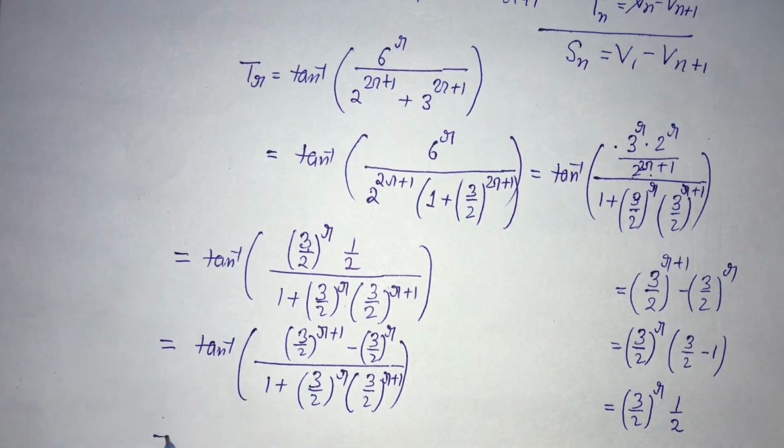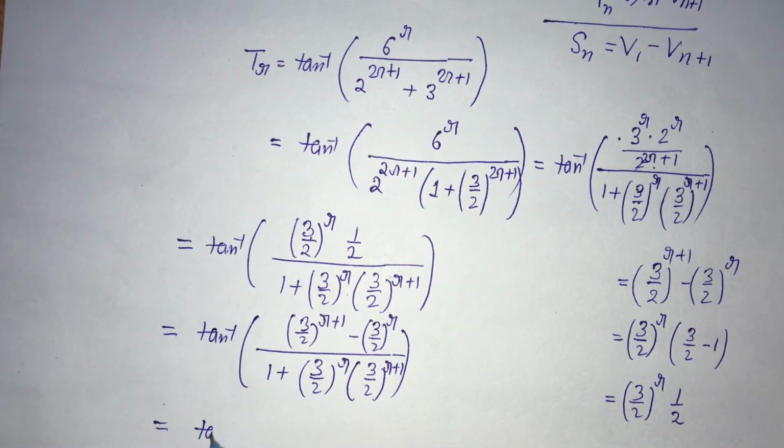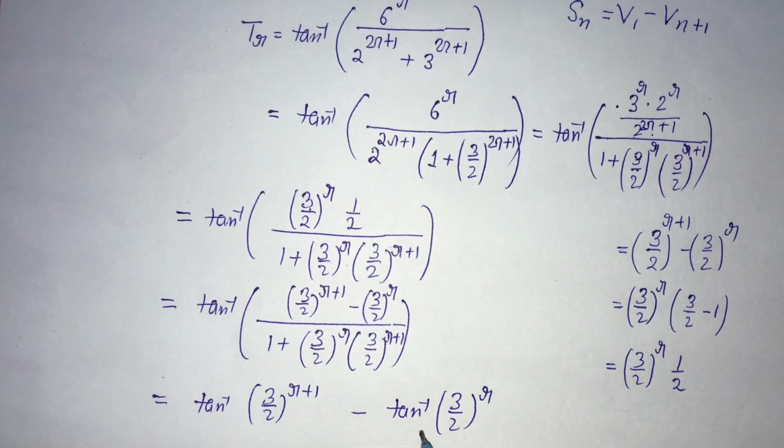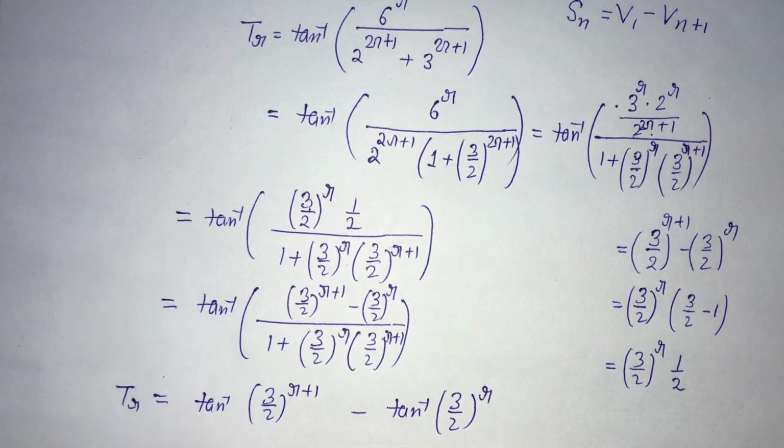We know the formula tan inverse a minus tan inverse b is tan inverse a minus b upon 1 plus ab. So I can write it tan inverse 3 by 2 raised power r plus 1 minus tan inverse 3 by 2 raised power r. So students, this is our Tr, rth term.